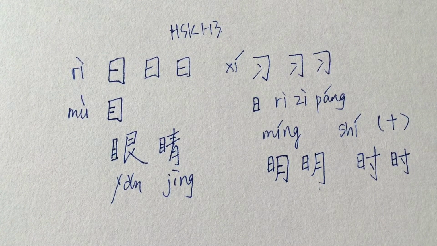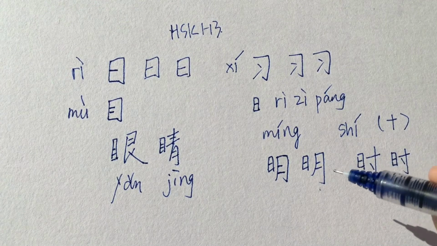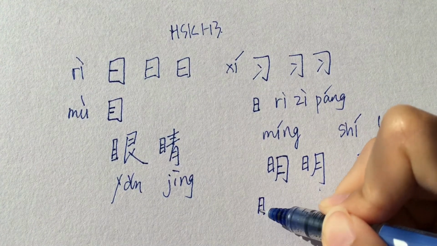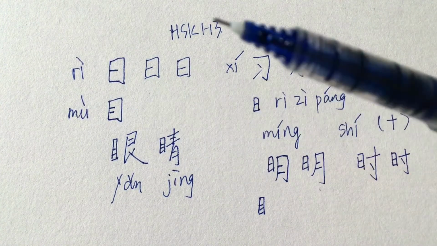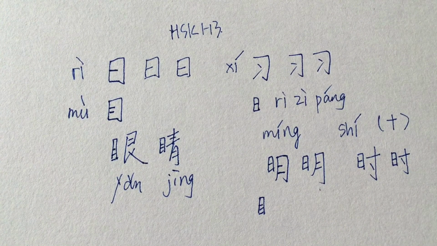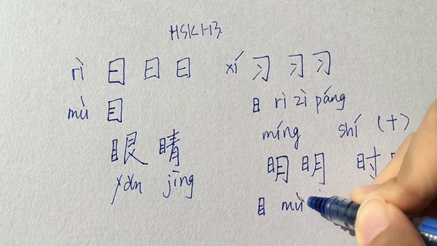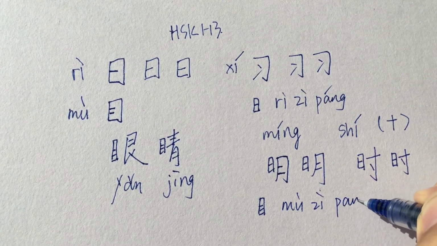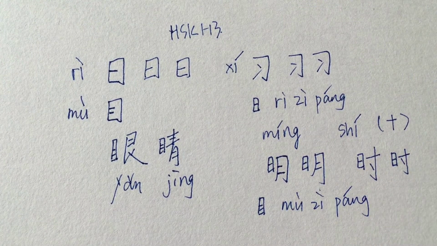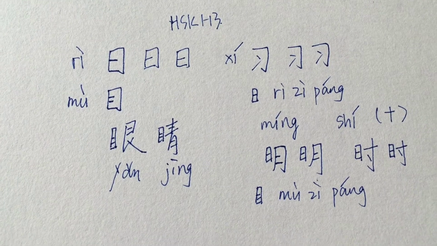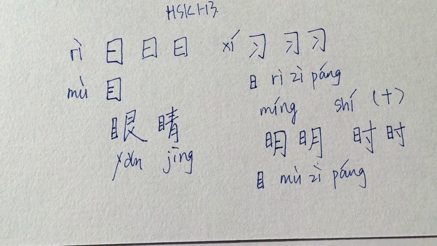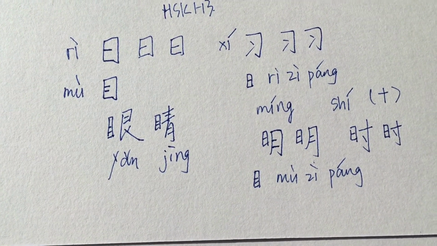没有. Okay, so the next radical for today, it is the one that I just mentioned here, the 目. This one. So let's write it together. This is 目字旁. 目字旁. Then let's do, okay, put it on the paper.